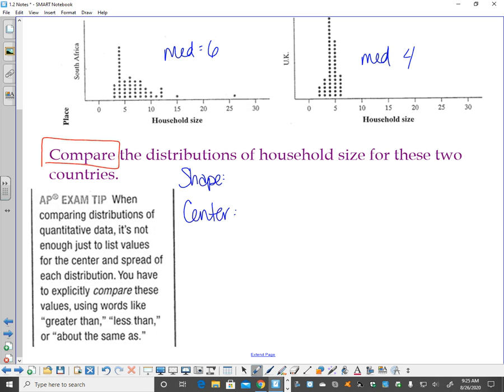The median household size, so I make it relevant to the problem, for South Africa appears to be 6 people, which is greater than the median household size for the UK, which is 4 people. Pause, write that down. I'm showing both the number values, but I'm also comparing them.